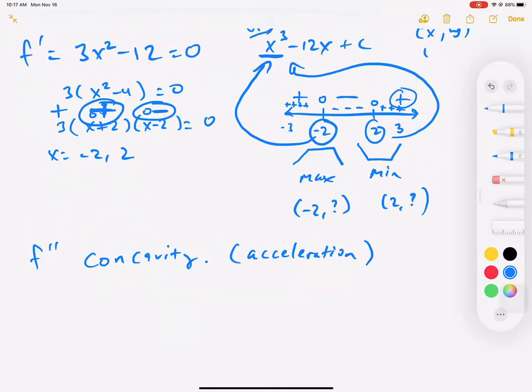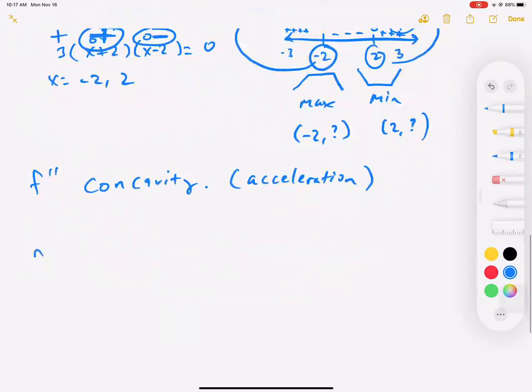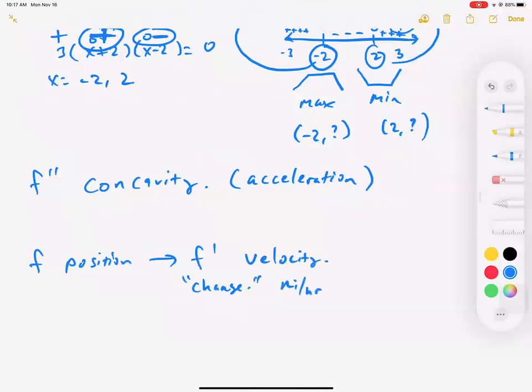So f is position. f prime is change. So the change of position is velocity, such as miles per hour, right? That's a change, and that's velocity.